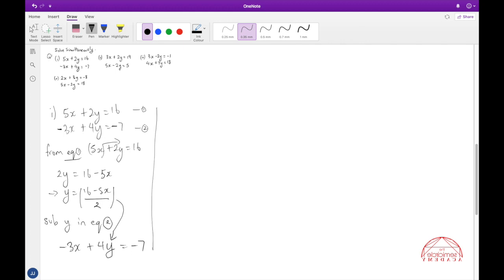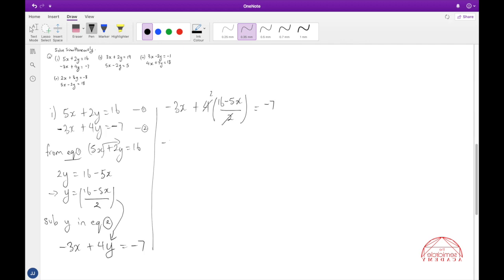So what I'm going to have is negative 3x plus 4y, and y is 16 minus 5x, all divided by 2, and that is equal to negative 7. And thankfully, I don't really have to deal with this fraction because this 2 will cancel with this 4 to give me 2.